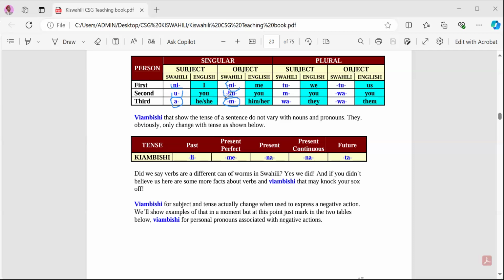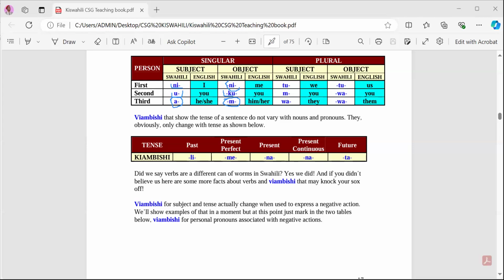Then you say, alimfundisha. So we have agreed the subject focuses on the doer. The object focuses on the receiver or the recipient of the action. The subject is the doer of the action.